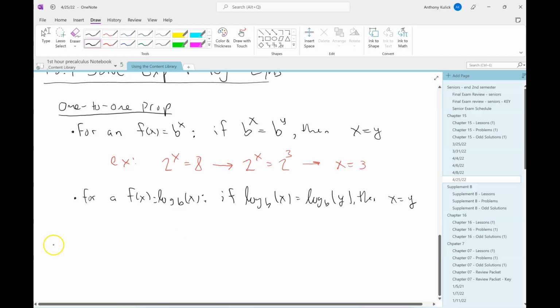So let's look at some examples where we use these properties.